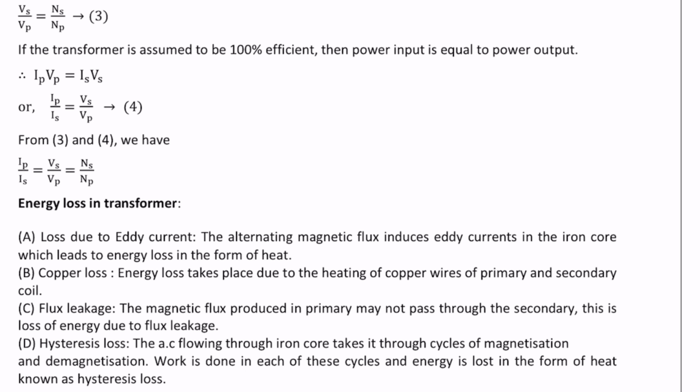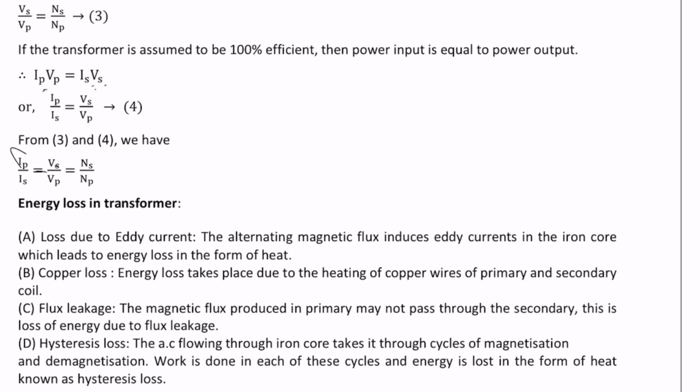So Ip Vp is equal to Is Vs, where Ip is the current in the primary and Is is the current in the secondary. So if we want high current in the secondary, the number of turns are reciprocally related.